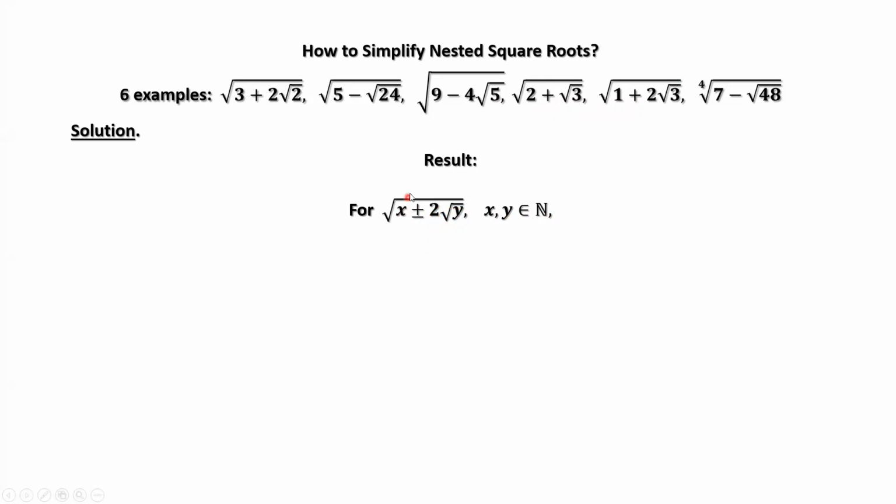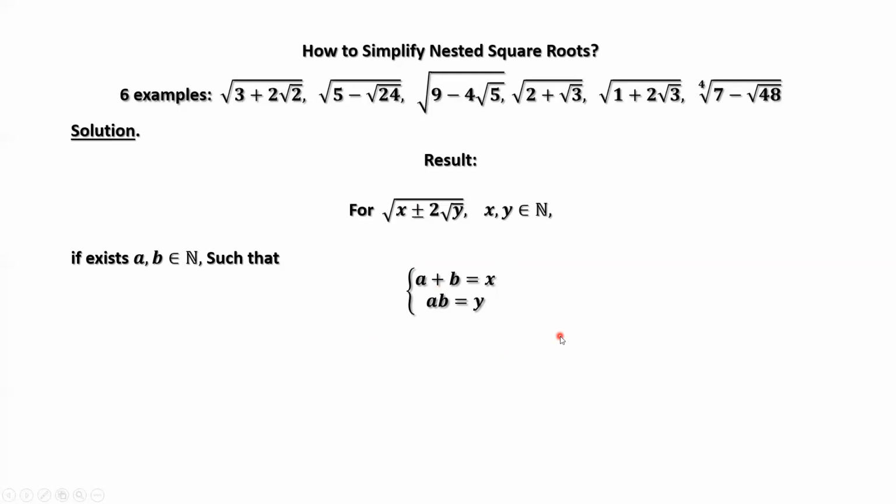For given this kind of nested square roots, if there exist positive integers a and b such that this system has a solution, the positive integer solution a and b satisfy this kind of system. This means this system has a positive solution a and b.